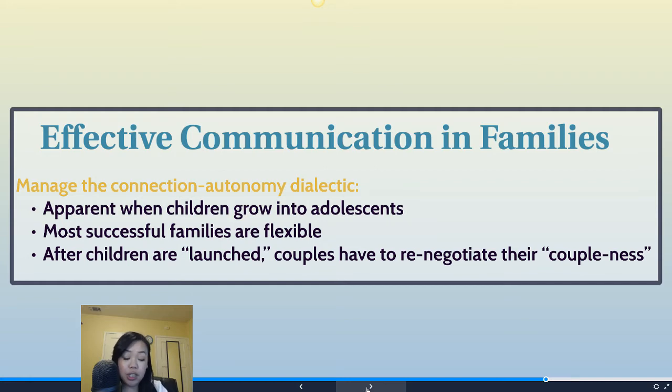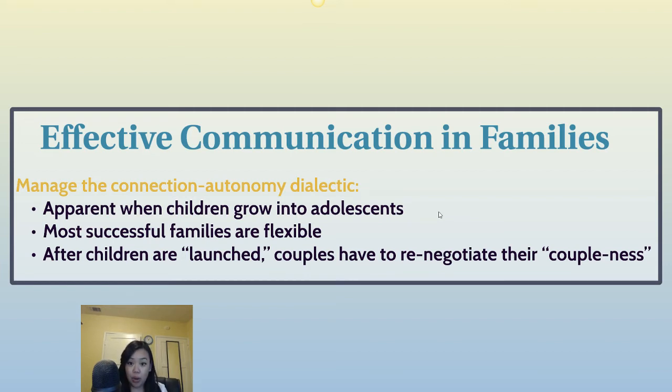Of course, as we said, gender and cultural factors impact the type of pattern you have. However, once you recognize your family's pattern, you can think about how you can take what you know about how your family talks and apply that to managing the various dialectical tensions that we will experience as families.